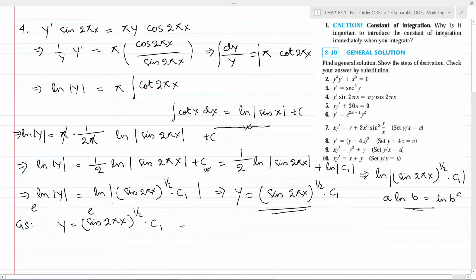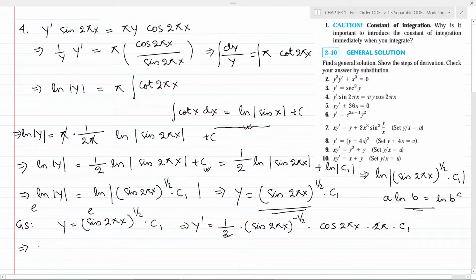We take the derivative on both sides and we get y prime is equal to half multiplied by sin 2 pi x to the power minus half multiplied by cos 2 pi x multiplied by 2 pi multiplied by c1. The two terms cancel out.